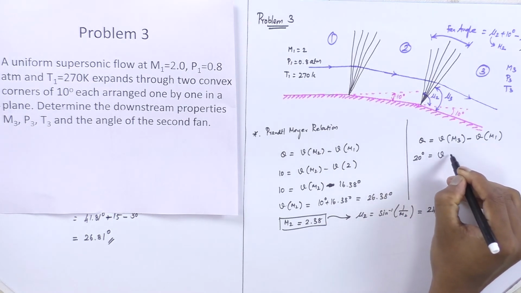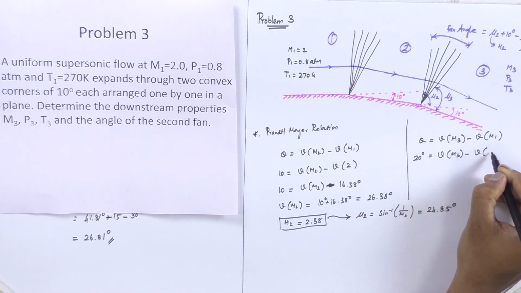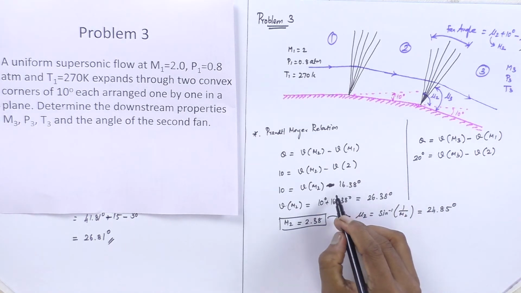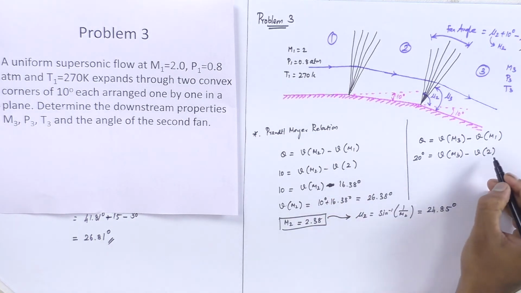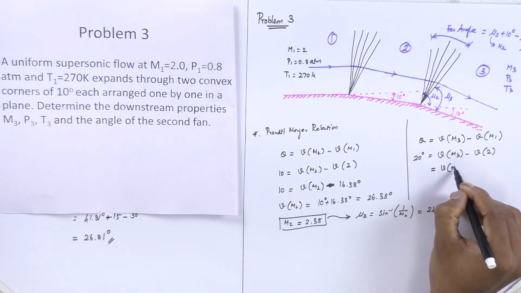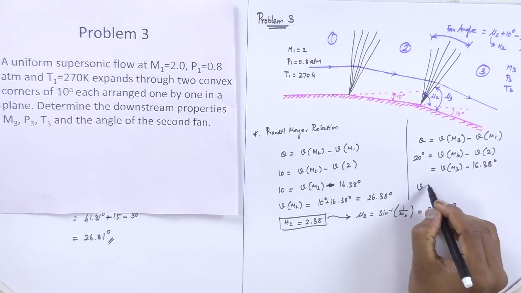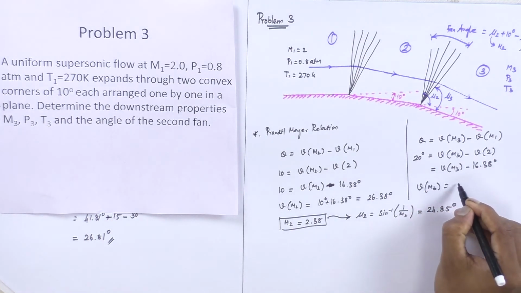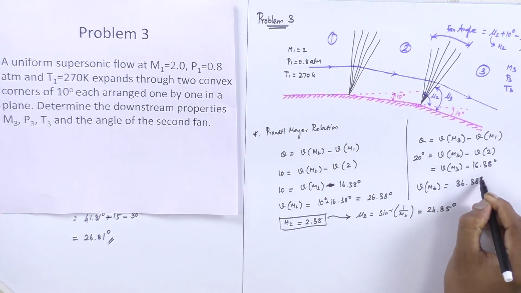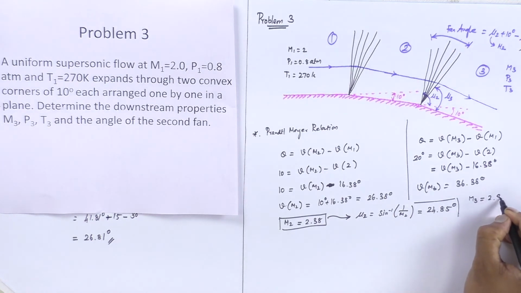So this will be equal to the Prandtl-Meyer function of M3 minus the Prandtl-Meyer function of M1, that is 2. We already know that the Prandtl-Meyer function of 2 is 16.38 degrees. So the Prandtl-Meyer function of M3 will be equal to 36.38 degrees. From the gas table, the corresponding Mach number will be 2.83.